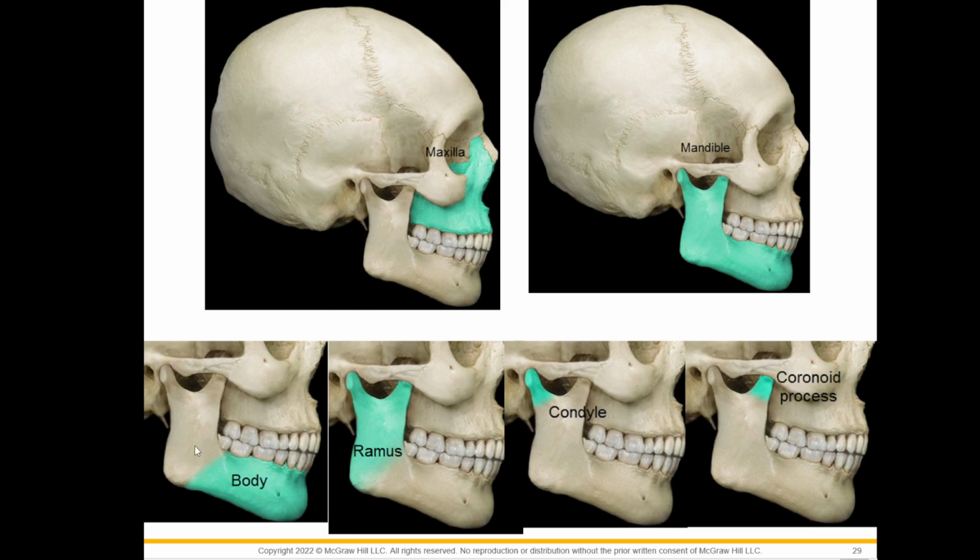Then the parts that are connected to the temporal bone, we call the ramus. This entire structure is called the ramus. That smooth part over here is your condyle. And then on the other part, you have the coronoid process. So basically, when you put the coronoid process and the condyle together, you will form the ramus. Okay?